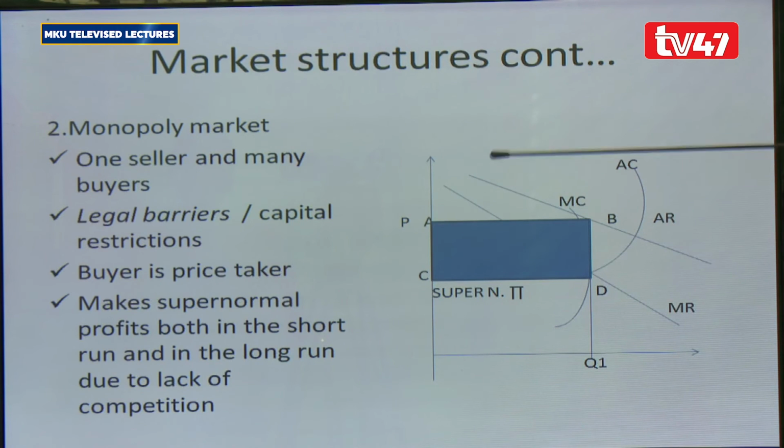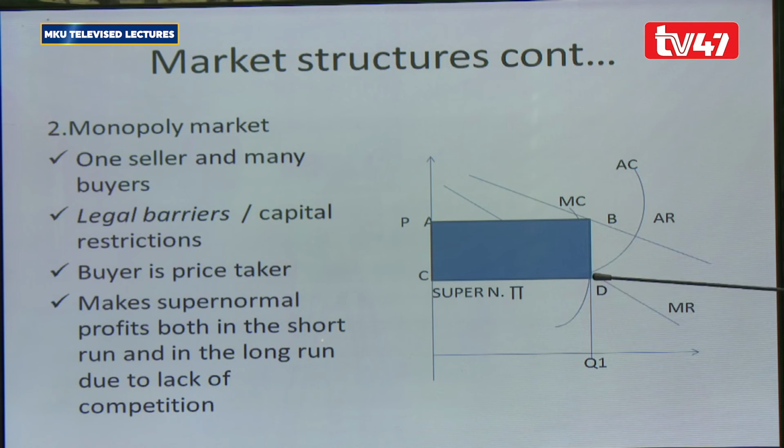Let's look at this. This is the marginal revenue curve. This is the average revenue curve. Now, this is the average cost curve and the marginal cost curve. We remember we said any firm will maximize profits where marginal cost is equal to marginal revenue.